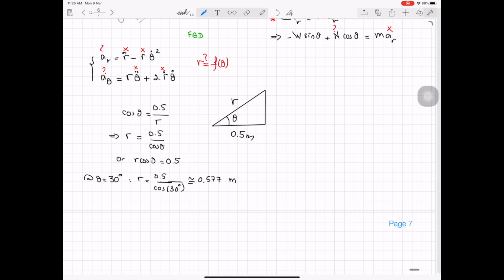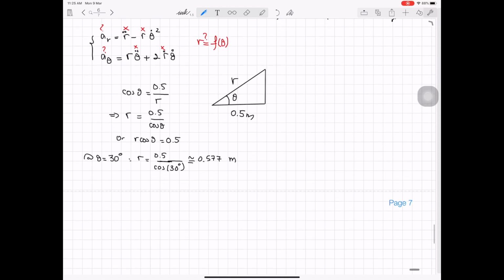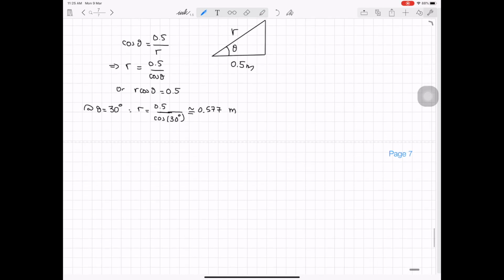So what remained here? We still need to find r dot and r double dot. So we have from this equation r cosine theta is equal to 0.5. If we differentiate with respect to time, what do we get? We have the product of two functions. The derivative of the product of two functions will be the derivative of the first function times the second one plus the derivative of the second one times the first one.